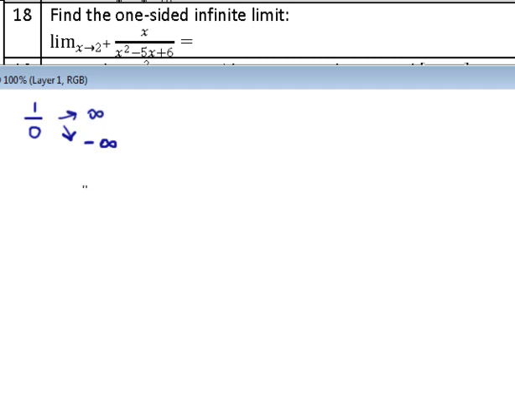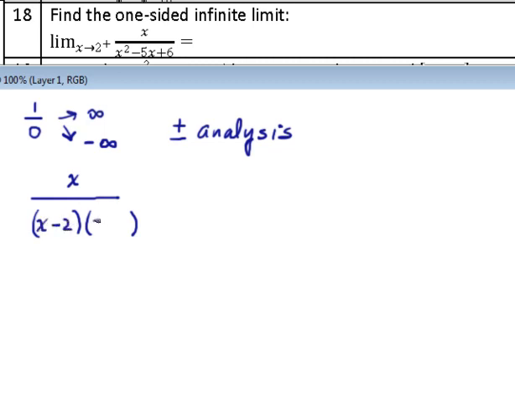Let's factor and do, again, a plus-minus analysis. So first start with factoring the denominator. So the denominator factors into x minus 2 times x minus 3.